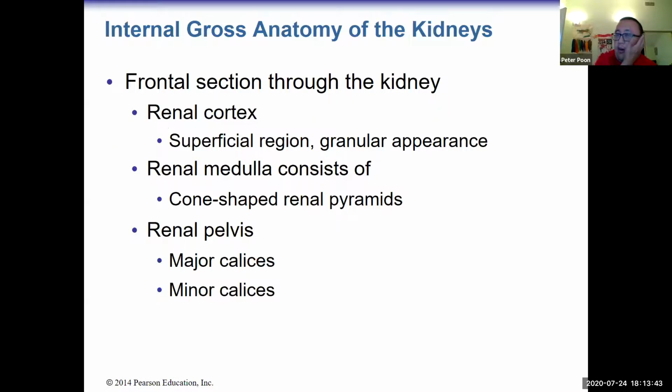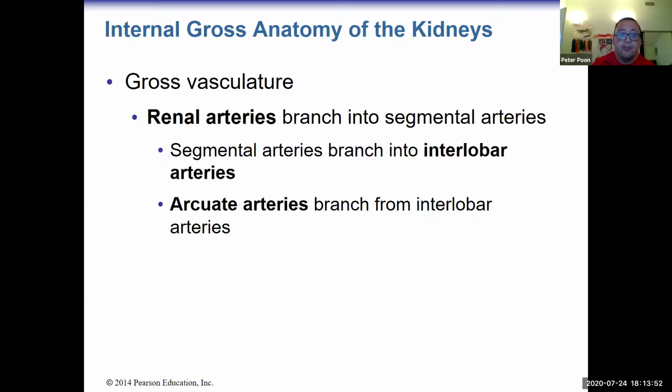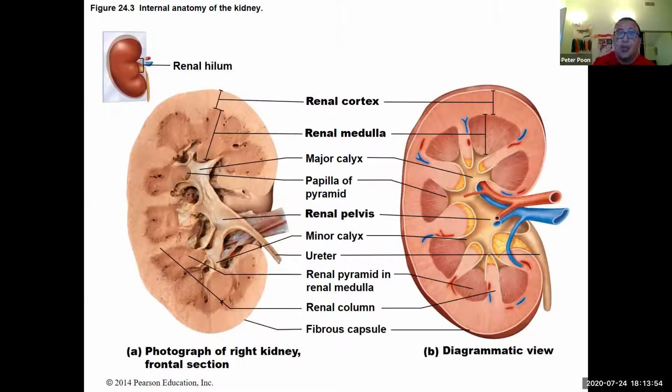The first thing you have to know is the parts of the kidney. If you take a frontal section through a kidney, the kidney is divided into parts. This part is the renal cortex.